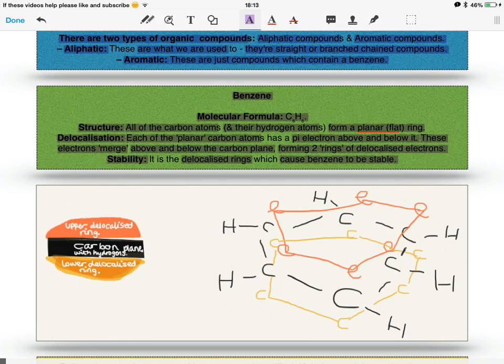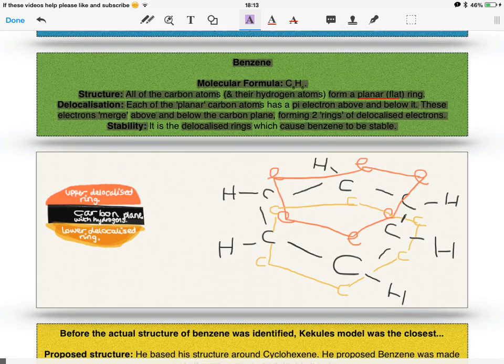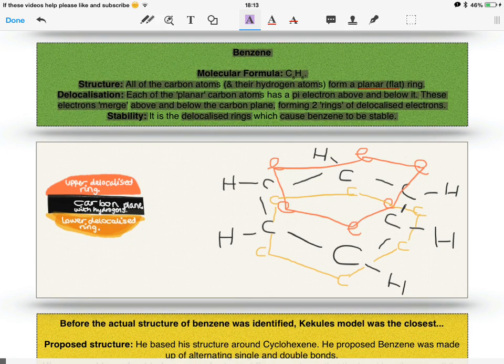That's a lot to take in, so I've done a diagram here. It's not the best, but it's the only way I could draw it. So on the right here you can see that we've got the delocalized ring above, the delocalized ring below, and in the middle we've got our plane of carbon atoms with their respective hydrogen atoms.